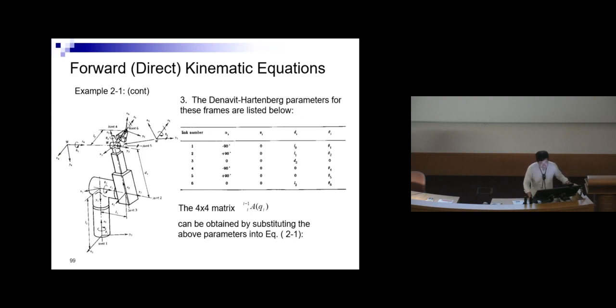So bear in mind that when you model the kinematic equation, the manipulator should be at the zero position. So you have your 4x4 matrix, A from i-1 to i, as a function of q_i.